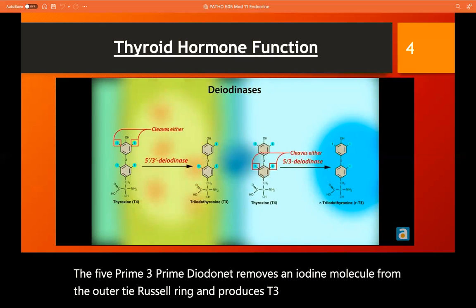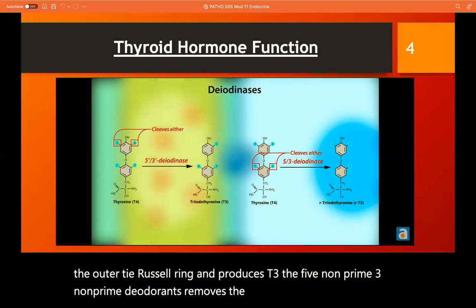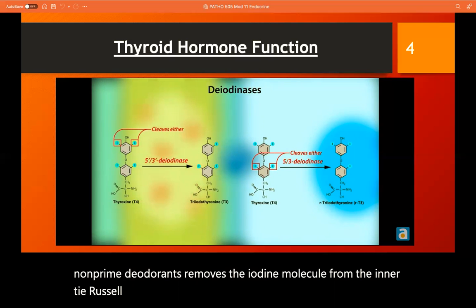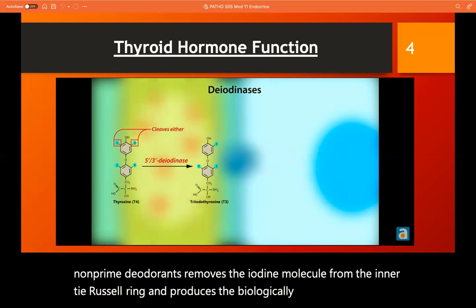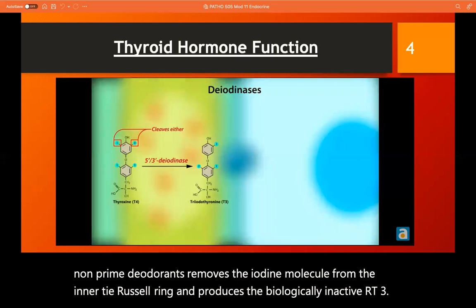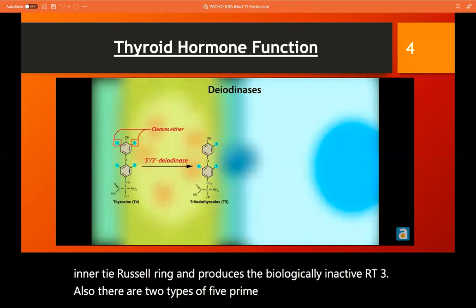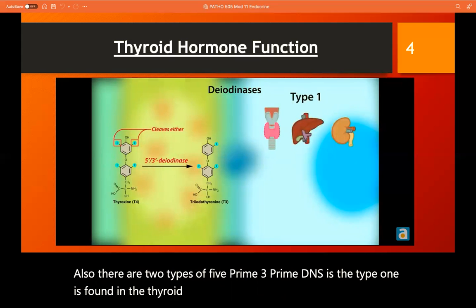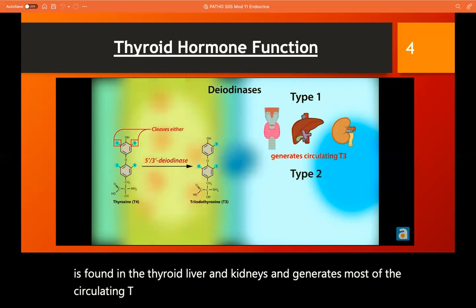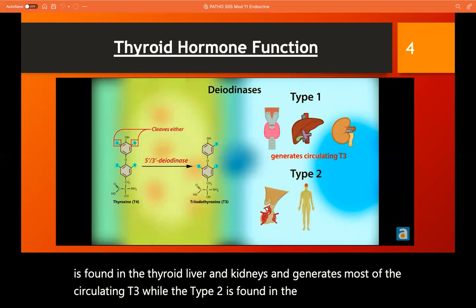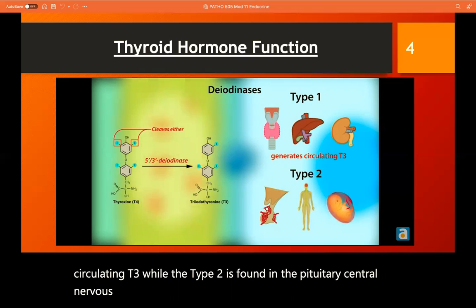The 5' 3' deiodinase removes the iodine molecule from the inner tyrosyl ring and produces the biologically inactive RT3. Also, there are two types of 5' 3' deiodinases. The type 1 is found in the thyroid, liver, and kidneys and generates most of the circulating T3, while the type 2 is found in the pituitary, central nervous system, and placenta, and it generates the T3 in those tissues.